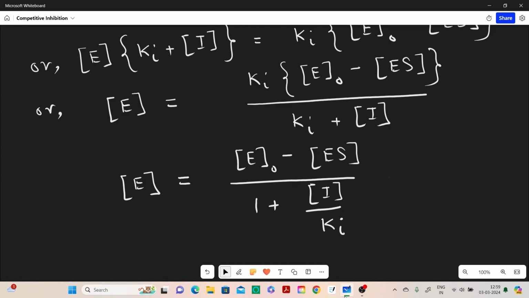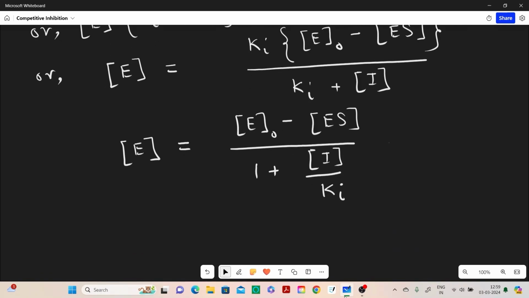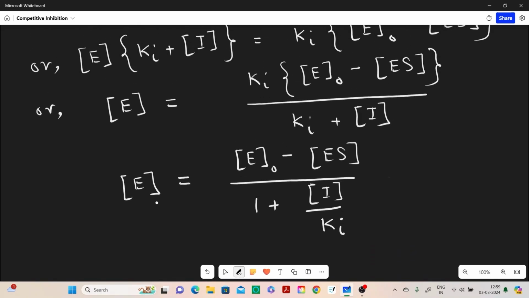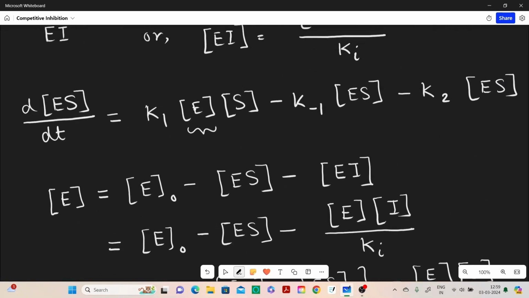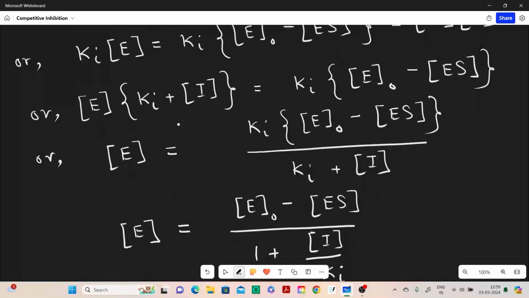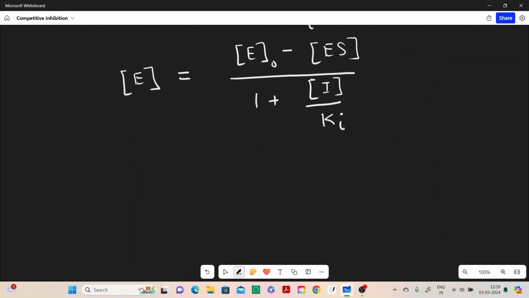So now we will try to figure out the rate equation for competitive inhibition. We can actually take this E and put it down in this equation of dES by dt. So I will write the equation for steady state one more time.